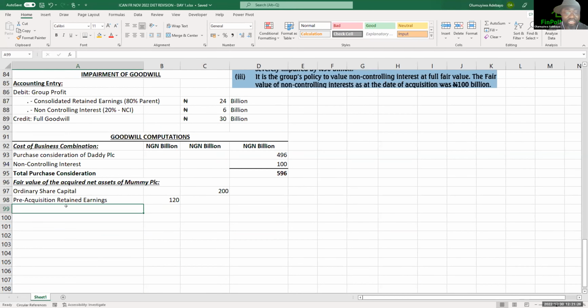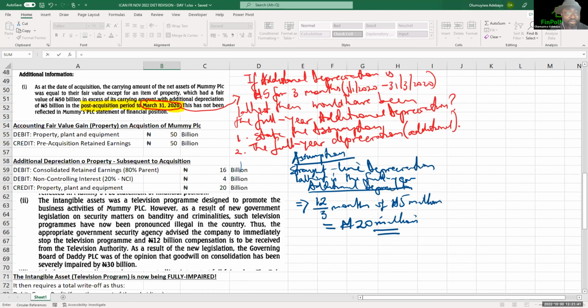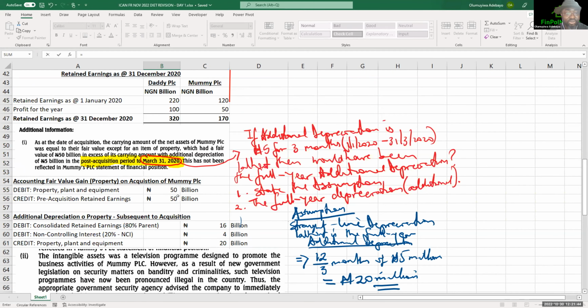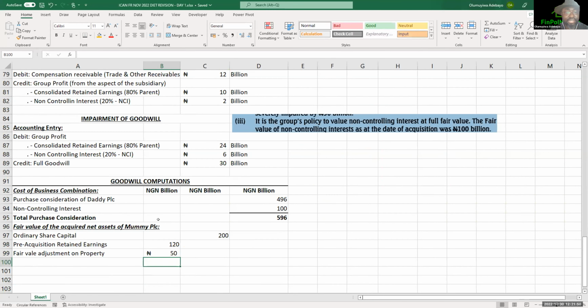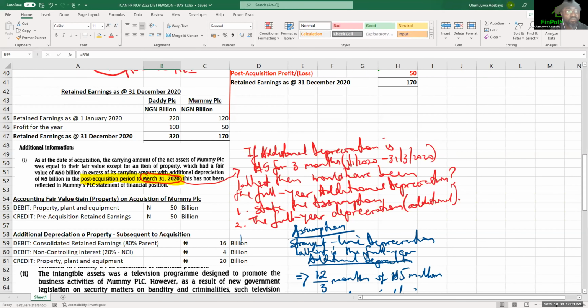Therefore, we have some adjustments, including fair value adjustments on property. And what was the adjustment? If you remember, that's 50 billion. We said we should increase our retained earnings. Is there any other adjustment that affects pre-acquisition? I don't think so. Any other adjustments?